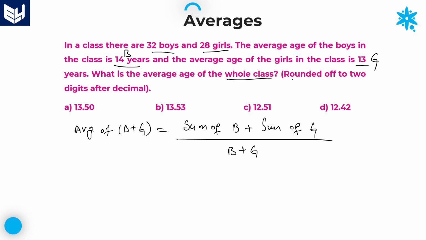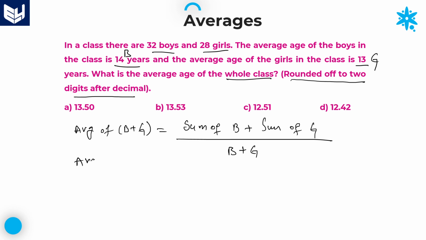Here in the brackets he is mentioning rounded off to two decimal digits after the decimal point. It means that he indirectly said that you will not get the exact number, so you can calculate up to two decimal digits. Now you can calculate the value.